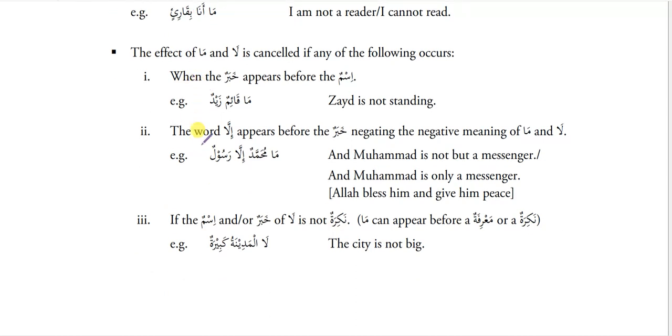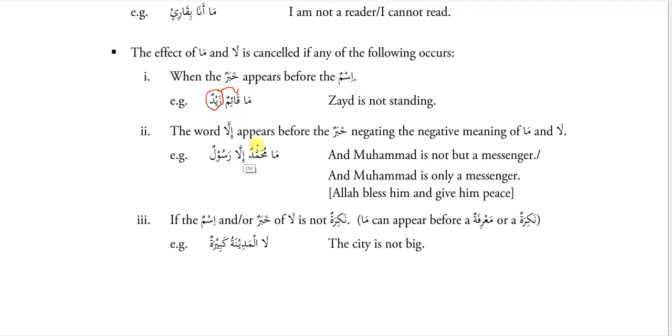The effect of ma and la is cancelled if any of the following things occur. First, when the khabar appears before the ism, when mubtada and khabar change their place. For example, if the khabar changes its place with mubtada, then the effect of ma will be cancelled in i'rab, not in translation; ma gives the negative meaning and it will remain the same in the translation as well.